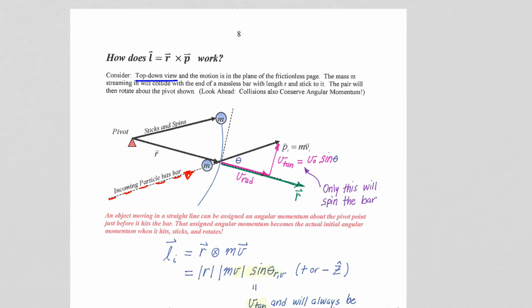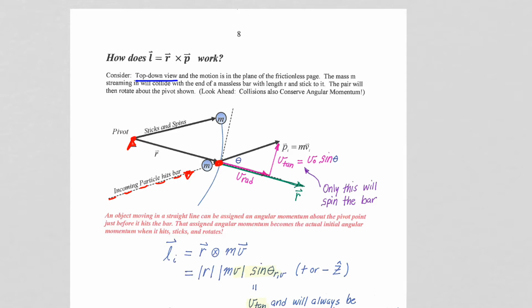It's just minding its own business, streaming along. It is going to hit the end of a bar and stick to the end of the bar. This bar is pinned down such that after the mass hits the end of the bar, both the mass and the bar are going to stick together and swing in a circle.